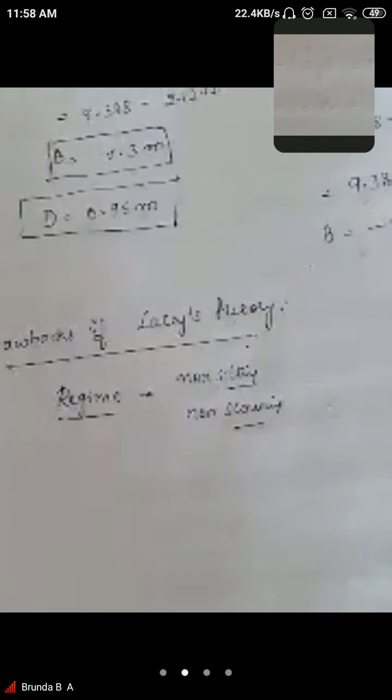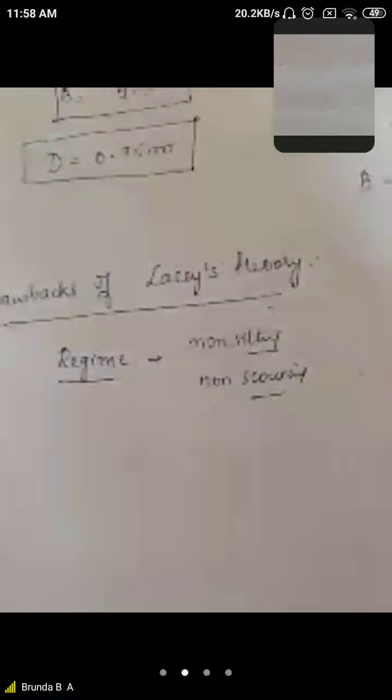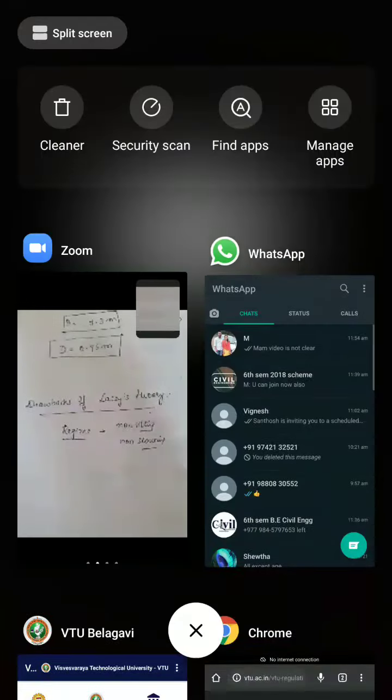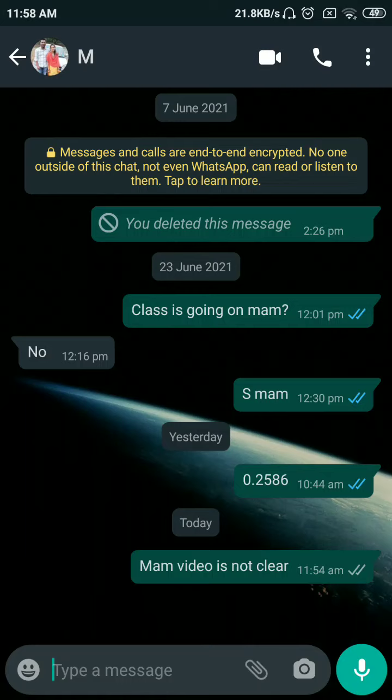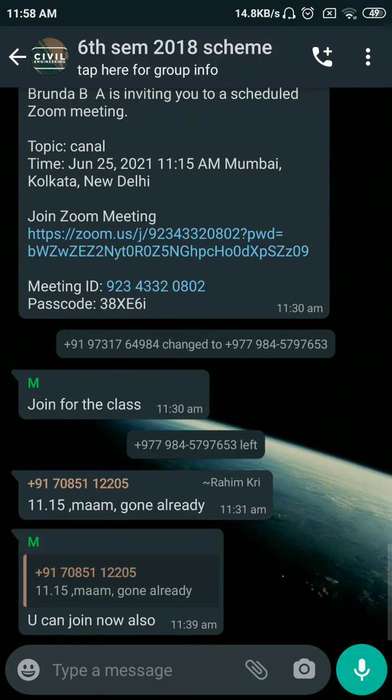factors. Nowhere has he explained how he is considering that the water is flowing with a non-silting velocity or a non-scouring velocity. So that's why we cannot consider the definition Lacey has given for the word regime to be perfect.